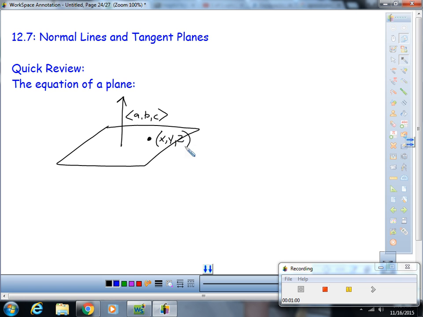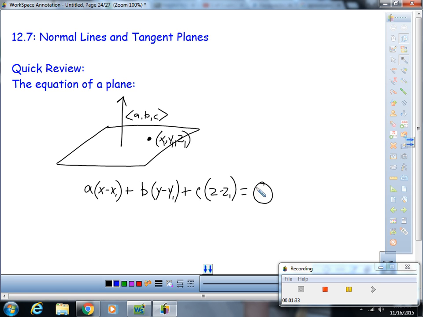And if we had those two things, we could define the plane as A times, let's call this x1, y1, and z1, A times x minus x1 plus b times y minus y1 plus c times z minus z1 equals 0.